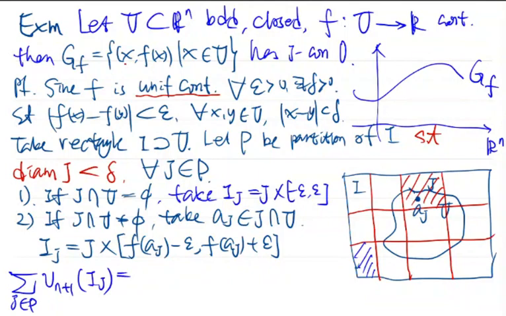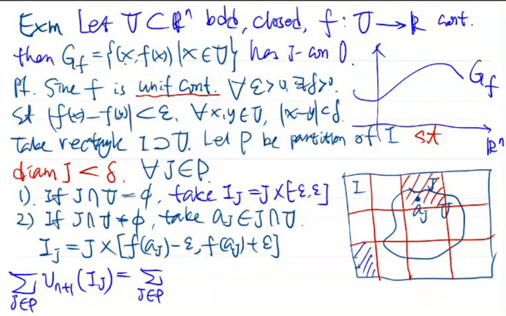The volume of Ij equals the volume of J multiplying the length of the interval.